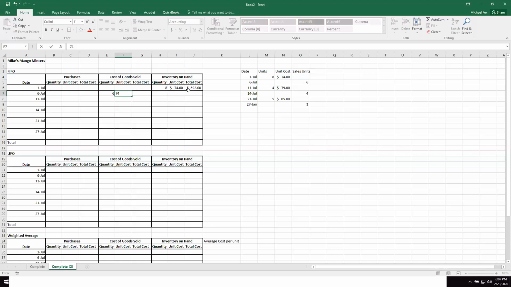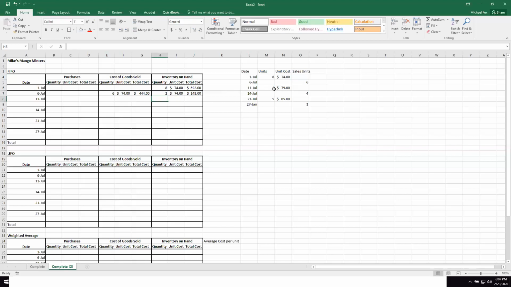All of them are these units that cost $74. So the total cost of the units I'm selling is the 6 units times the $74. And the value of my remaining inventory, if I sold 6 of those, is that I have 2 units that cost $74. And so the value of my inventory on hand is just the 2 units times $74.